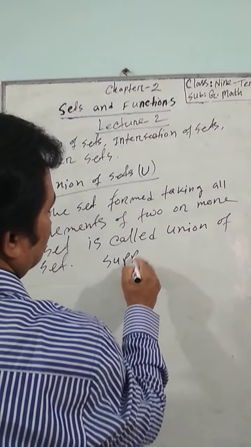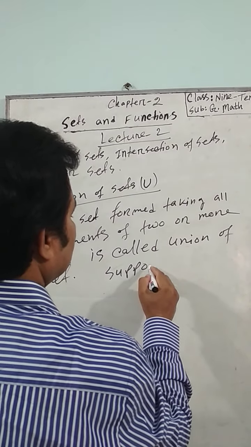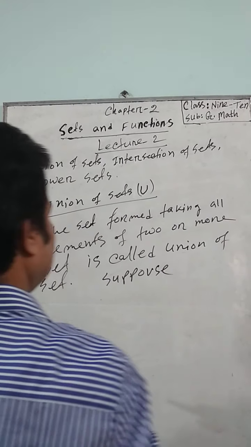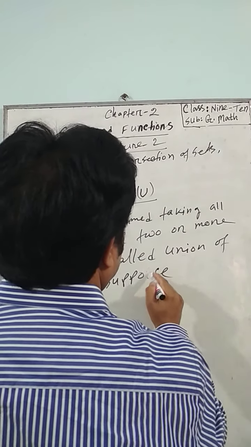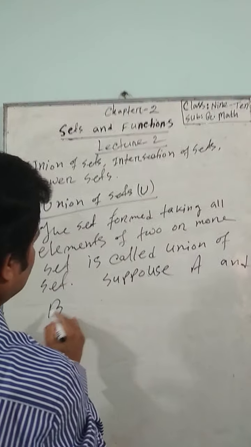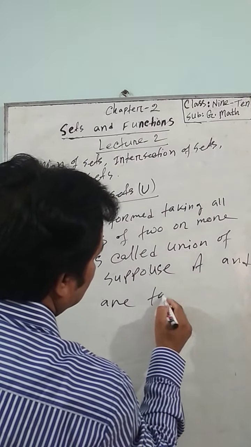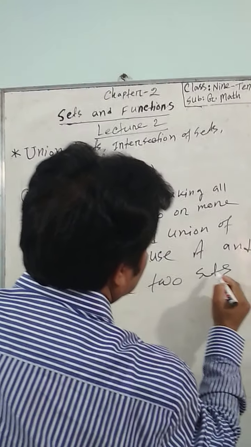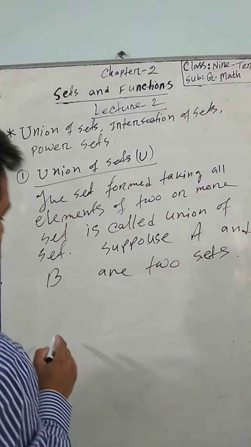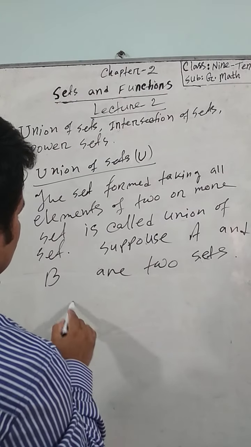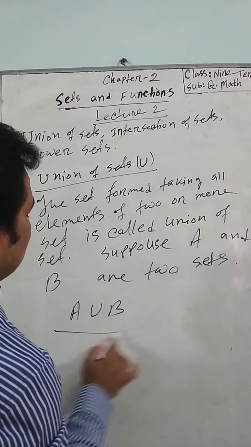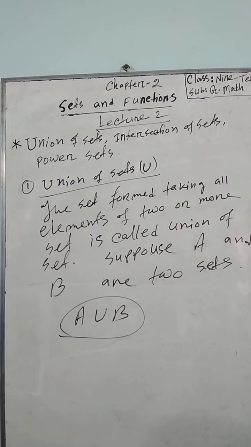Suppose A and B are two sets. We can write A union B. This is called union set.